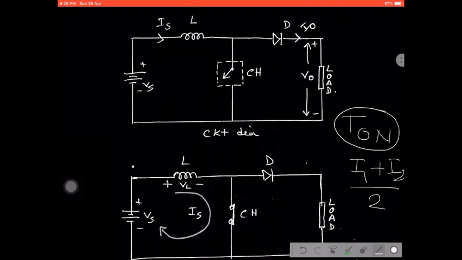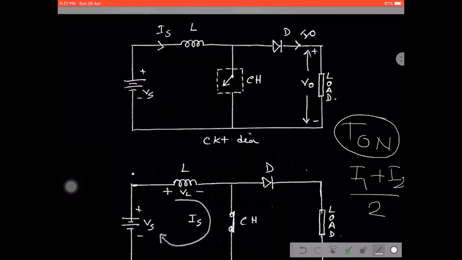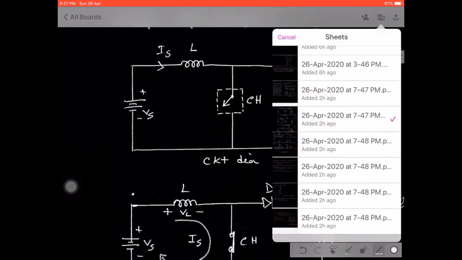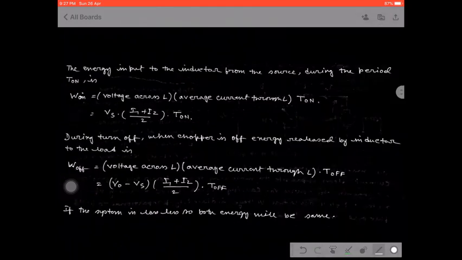During T off, again the current falls from I2 to I1, and the average current is again (I1 plus I2) by 2. A similar thing I have done in the expression. We can say this is the energy stored during on time.